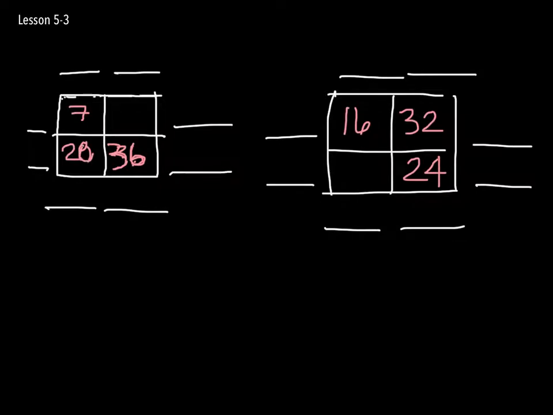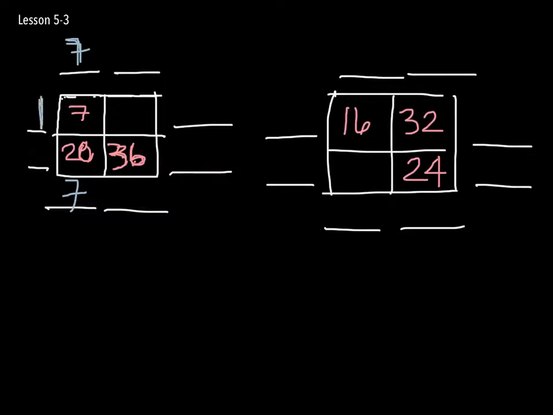Alright, hopefully you've completed these to the best of your ability. Now remember, when we talk about factor puzzles, we have to look and see what would make these get 7, and then what would make these get 28. Well, we know that this one has to be a 7, because we get multiples of 7 on this line. So the bottom one is also 7. Now, what times 7 will give us 7?